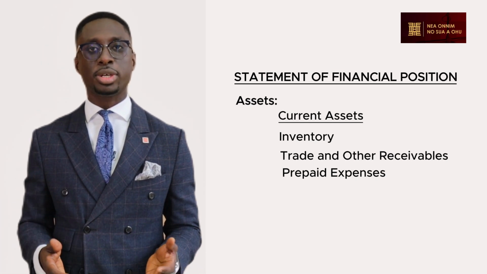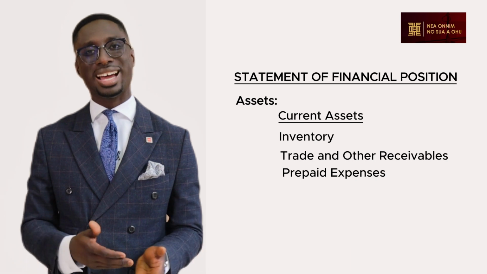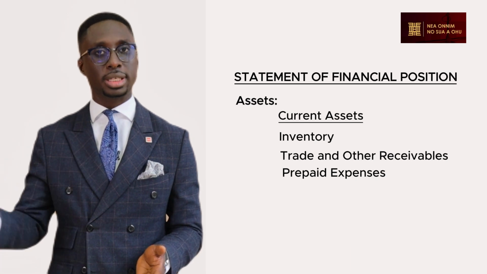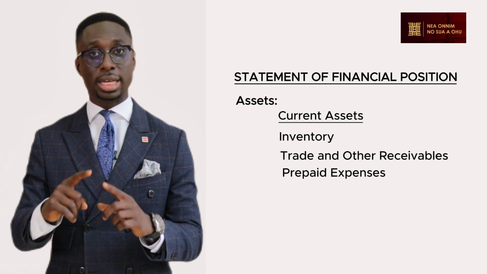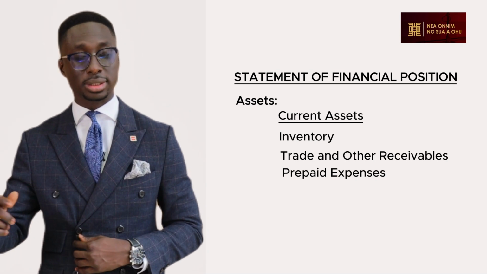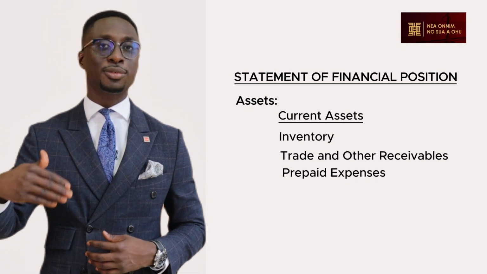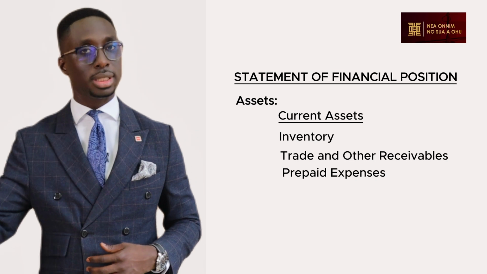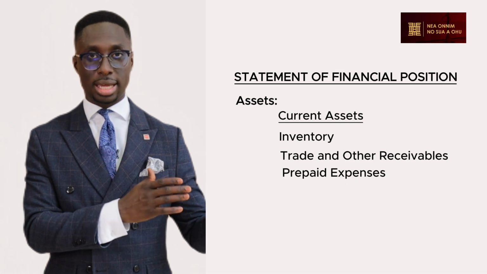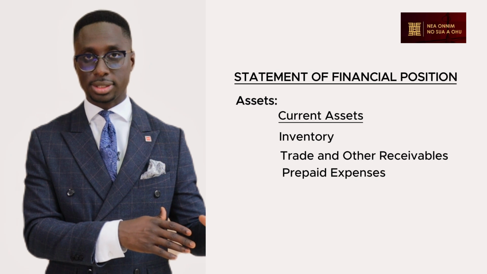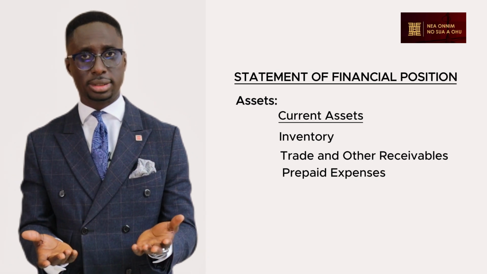In the current period, you only expense 100,000 of that 400,000 into your statement of comprehensive income. And then the remaining 300,000, which is a prepayment for the subsequent 3 years, you'd recognize it as an asset, as prepaid expenses. I hope this is clear.